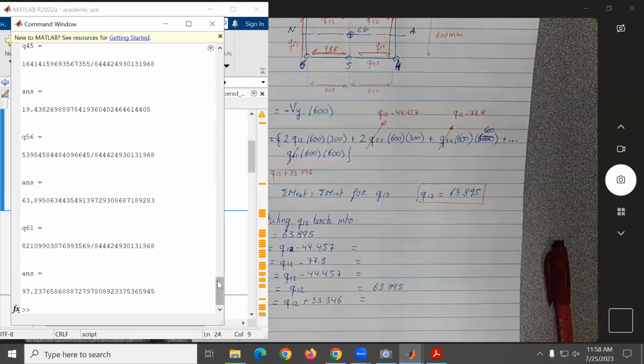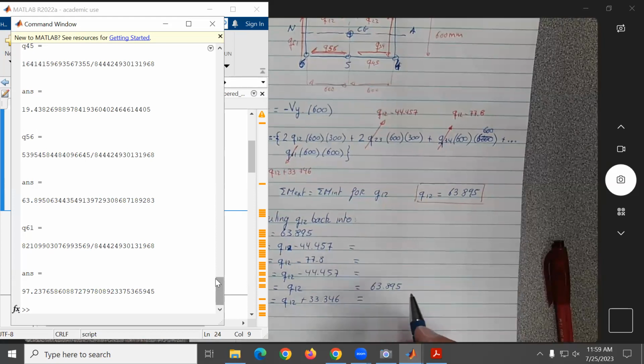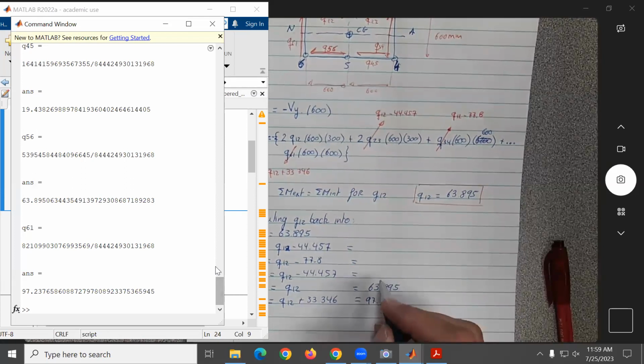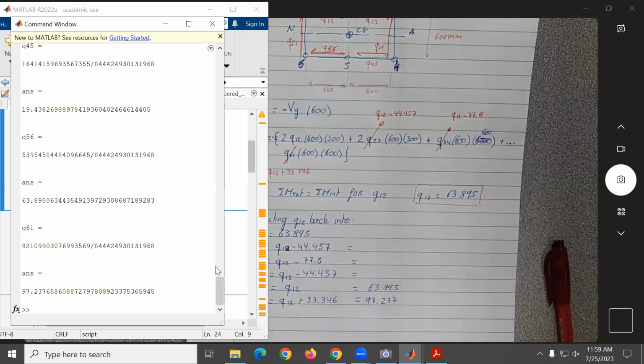Okay, so let's see. All right, so Q61 gives 97.237. Q45 will be 19.438.